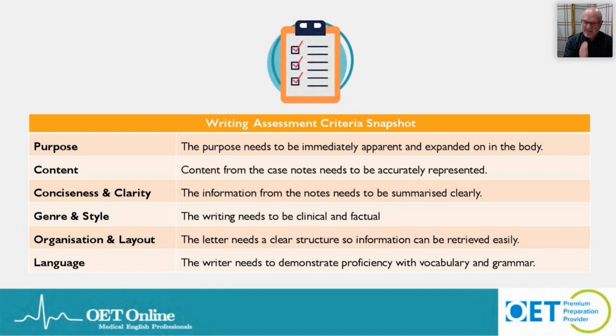That also relates to genre, that being clinical and factual, because it's scientific writing. It's not an essay where you need to persuade someone to your viewpoint, where you may use emphatic language. It's not like that at all. It's more clinical or objective, fact-based, so the next health professional can take over the care.